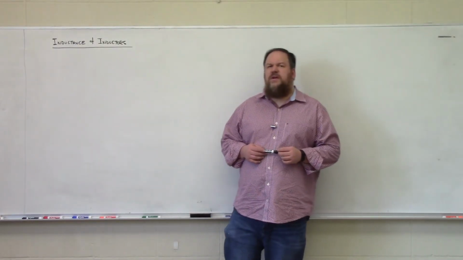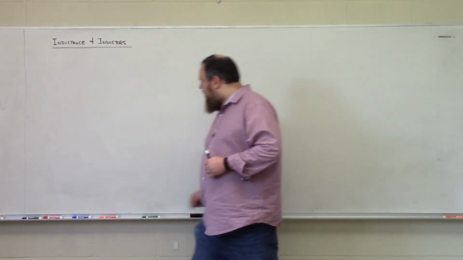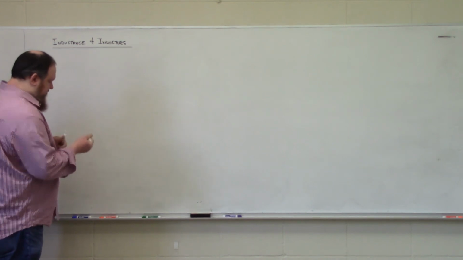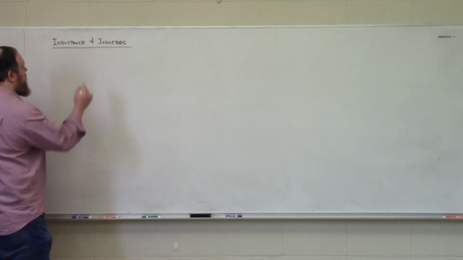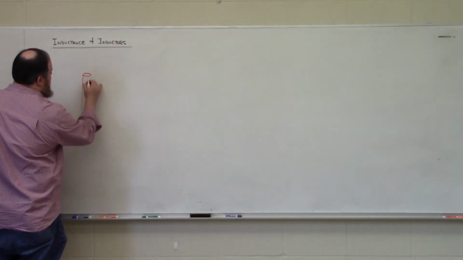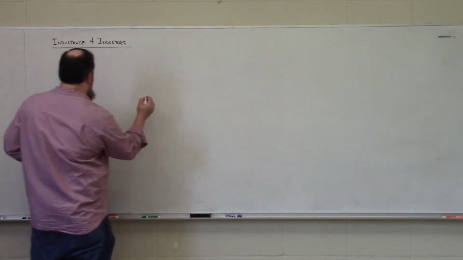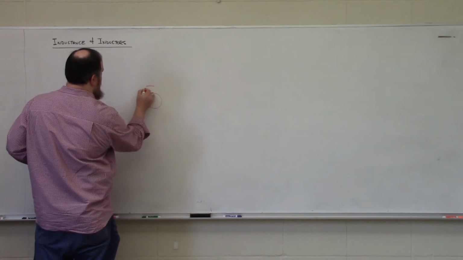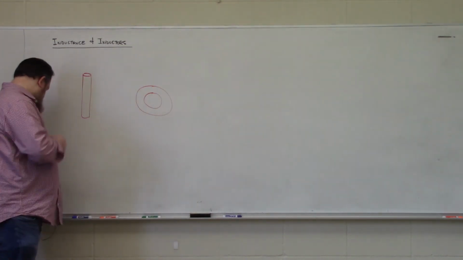Our next circuit element that we're going to be talking about today is the inductor. An inductor, in its most basic form, is comprised of a core. So we might see that as a cylinder of material, or a torus of material.